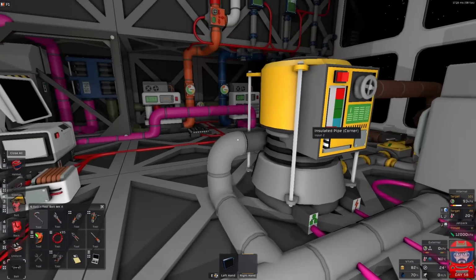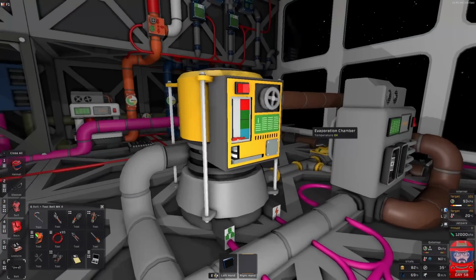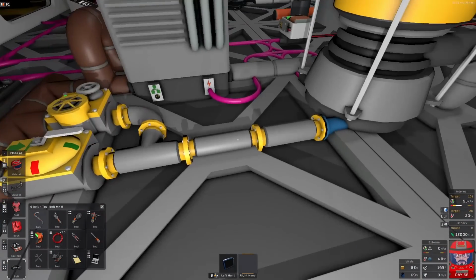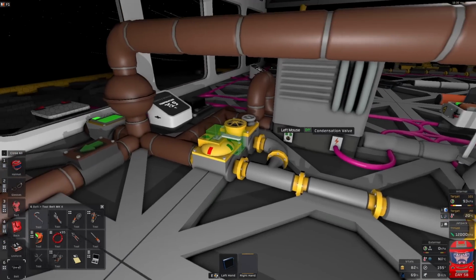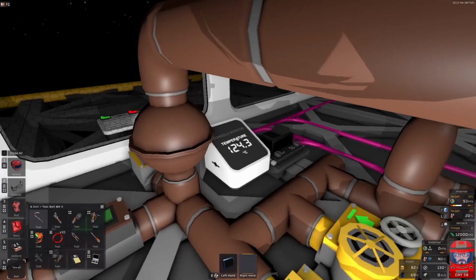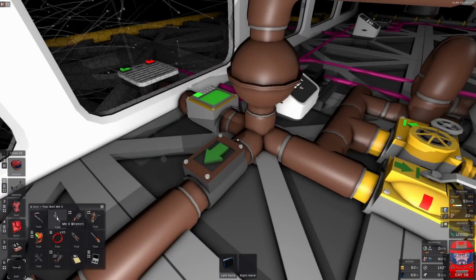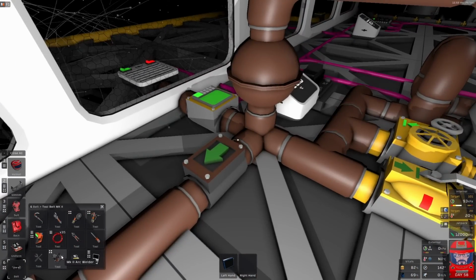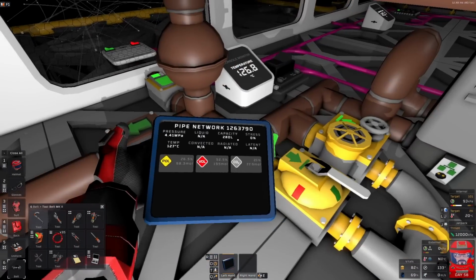Now that is connected up to the heat exchanger side of the evaporator. The evaporator is connected up to our supply of liquid pollutant. So all I should have to do now is switch it back on again, switch on the vent. That is causing the liquefaction of the pollutant once it gets up to pressure.